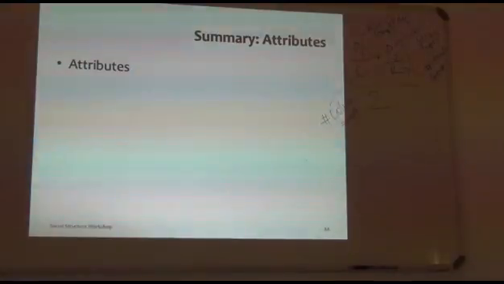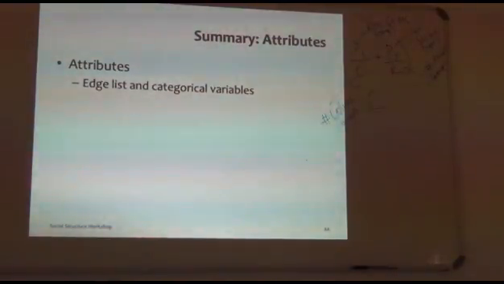And if you're working with the attributes, then we're gonna work with an edge list and the categorical variables, sex, age, and so on. You're gonna shuffle them, and you can do that in SocProg if you want, but more easily in R. Good. Now, hopefully all of this will make more sense in R, and hopefully that thing will make sense now, because if not, I have a couple papers to throw in the garbage.